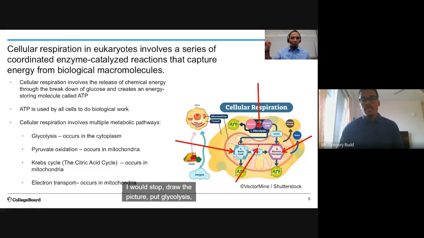Where did the electrons come from right before, at the beginning of the light-dependent reactions? At the beginning of photosynthesis, where did those electrons come from?